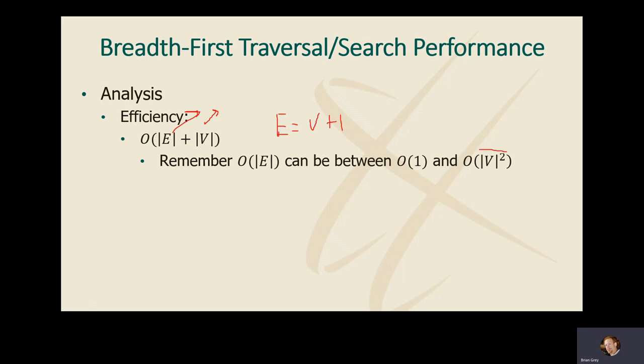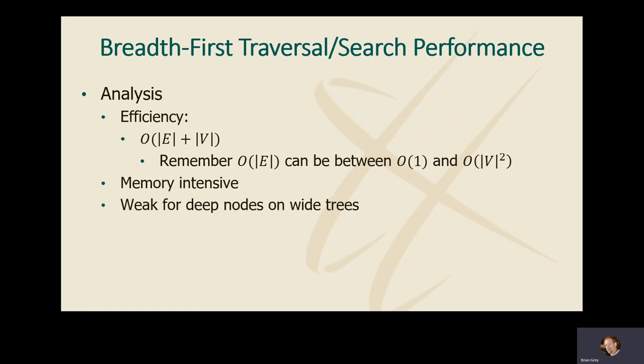So in a graph, these could be our extremes. But in a tree, this is really just going to be big O of the number of edges. It's memory intensive, and it's weak for deep nodes on wide trees.